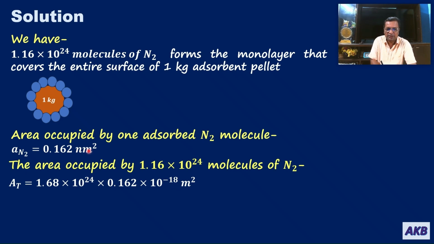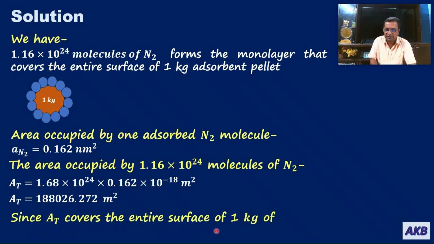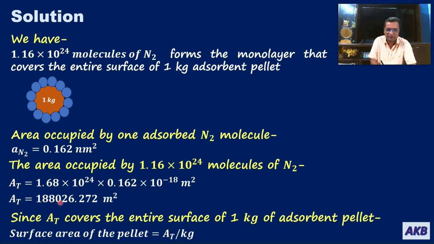To convert nanometer square to meter square, I multiply with 10 to the power minus 18. That gives me A_s as 188,026.272 meters square. Since A_s covers the entire surface, this area covers the entire surface of 1 kg of adsorbent, and this is nothing but the surface area of the adsorbent.